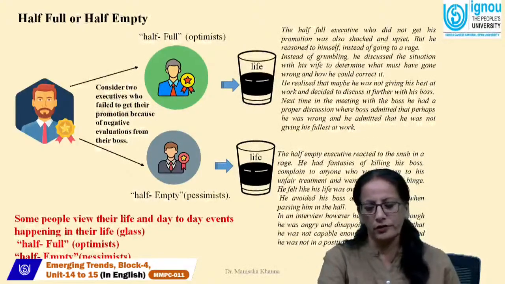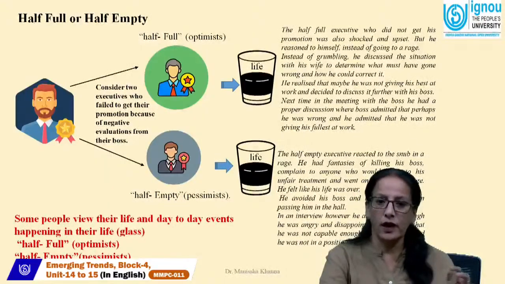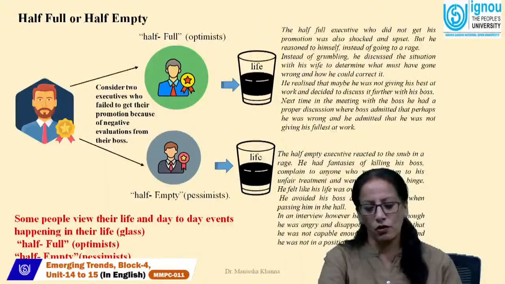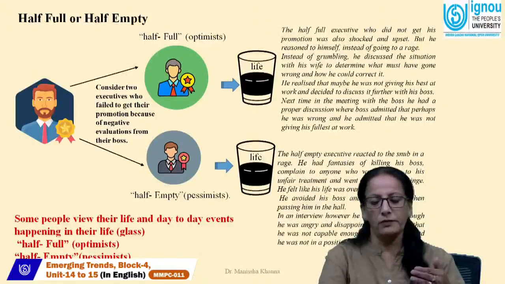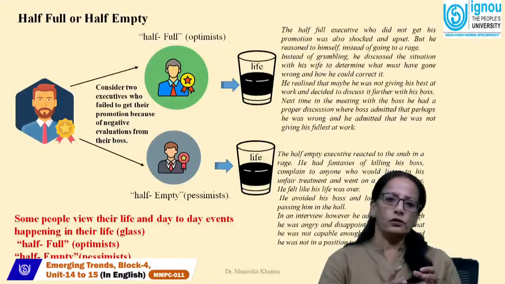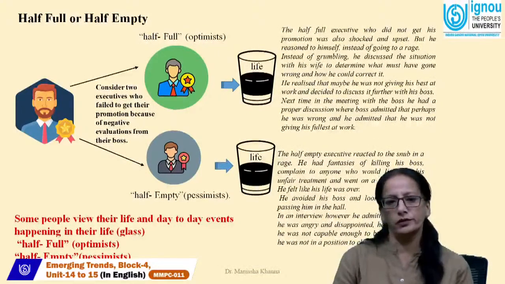He avoided his boss and looked down when passing him in the hall. In an interview, however, he admitted that though he was angry and disappointed, he still felt that he was not capable enough to be promoted, and he was not in a position to change. So two kinds of behavior are mentioned here.